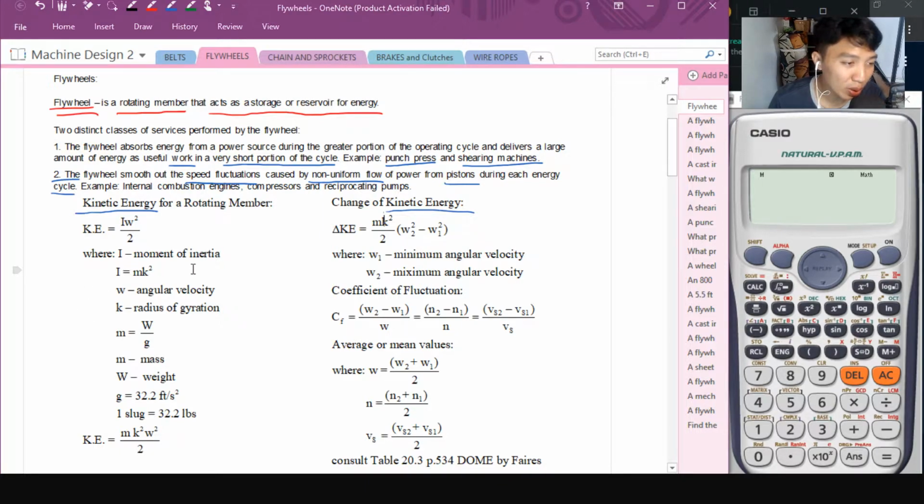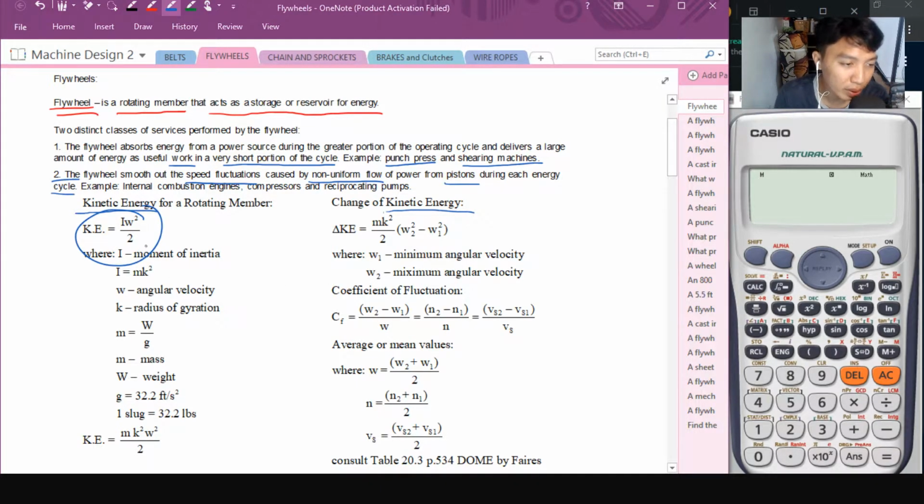So dito, ano ba yung kinetic energy of a rotating member? So it is given by this formula. KE is equal to Iω², where I is the moment of inertia. Yung inertia na yan, it is always affected by the amount of mass na meron dun sa rotating member. Okay? The greater the mass, the greater the inertia will be.